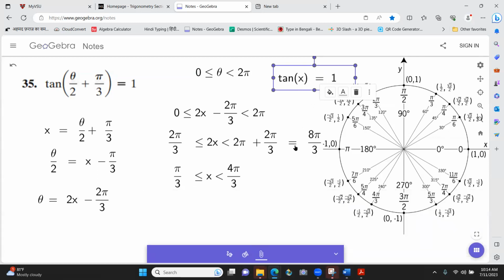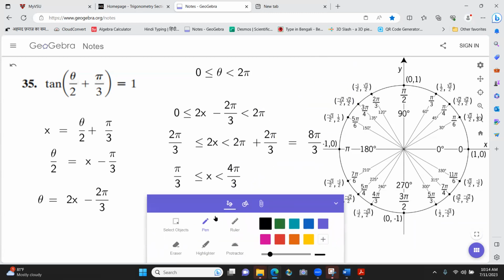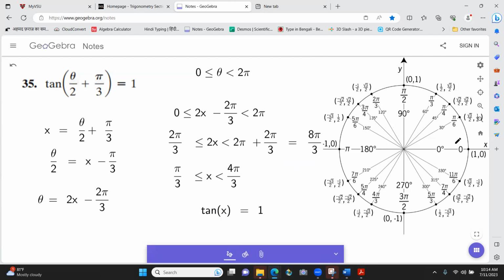Now, where is x? X is between pi over 3 and 4 pi over 3. Where's pi over 3? This is pi over 3. And it goes all the way to 4 pi over 3. Okay? 1, 2, 3, 4 pi over 3 right here. In this half a circle, a strange half a circle, right?